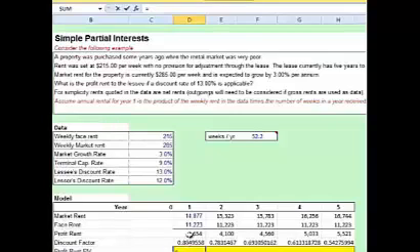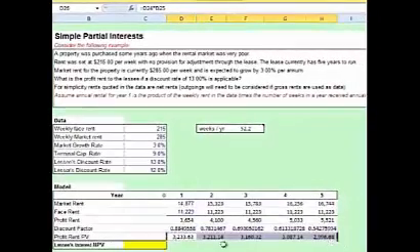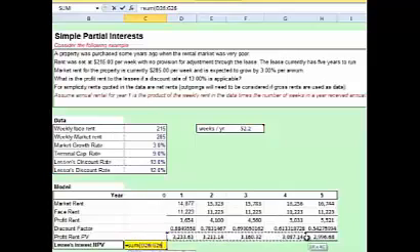Spread those across. I work out my present values as the future value multiplied by the discount factor. Again, fill those across. And now here I'm going to sum the profit rents.